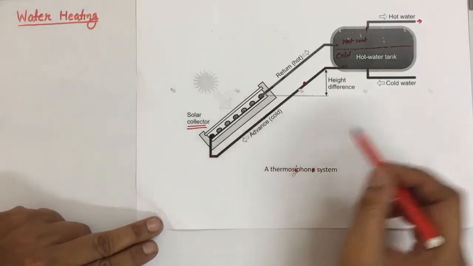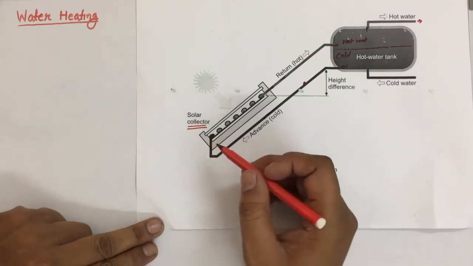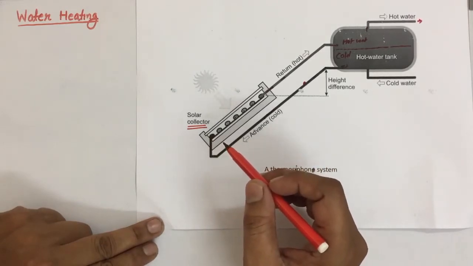With its advantages, there are few drawbacks as well. The first one is that the solar collectors are always placed at a height, either roof mounted or ground.